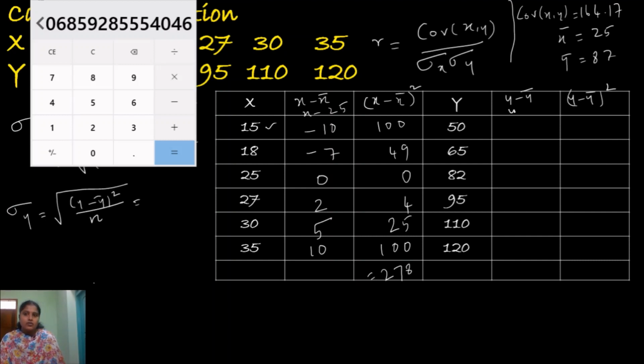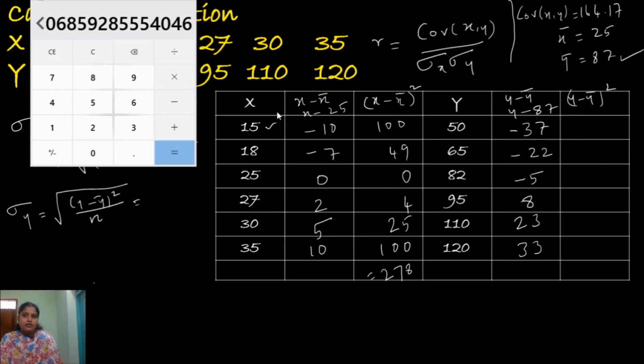Here y bar is 87, so subtract 87 from all values of y. 50 minus 87 is minus 37. 65 minus 87 is minus 22. 82 minus 87 is minus 5. 95 minus 87 is plus 8. 110 minus 87 is 23. 120 minus 87 is 33.